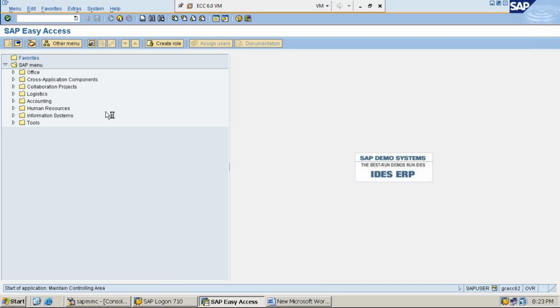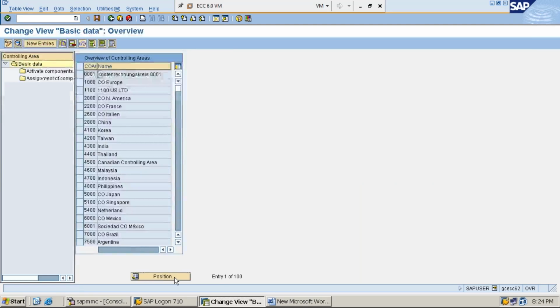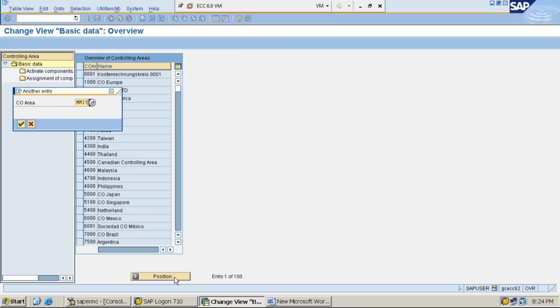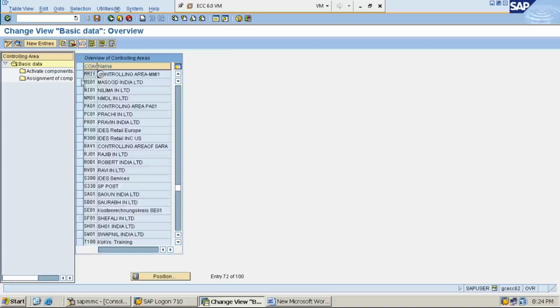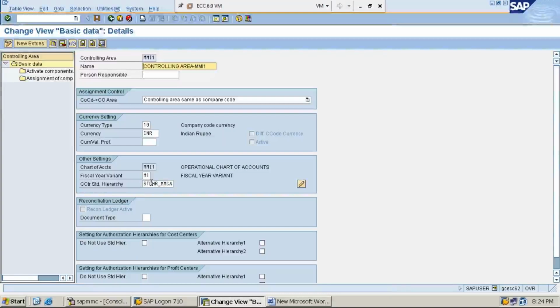It's taking time. Okay. If we go and see our controlling area, here we have given STDHR underscore MMCA, right? Is it visible?